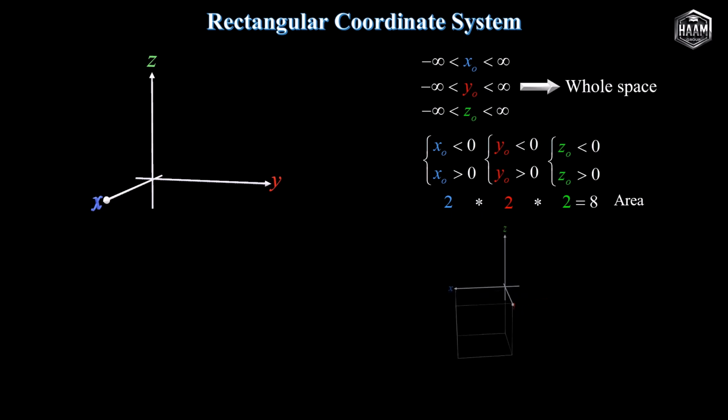Region 5, region 6, region 7 has x and y negative and z negative as well. And finally, region 8 has x positive, y negative, and z negative.